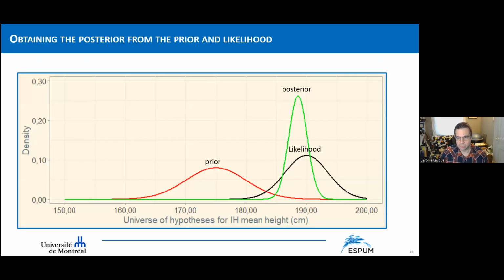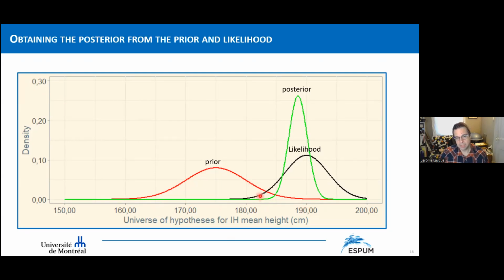And finally, to get at the results, this is the combination of all sources of information. So you see in red was my prior information, centered at 175 with plausible values as low as 160 and as high as 190.